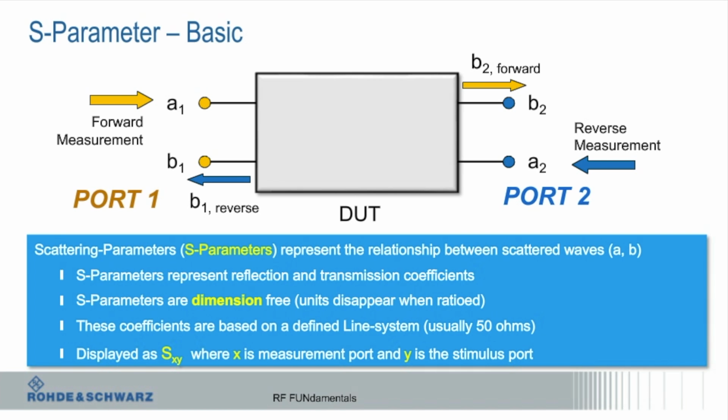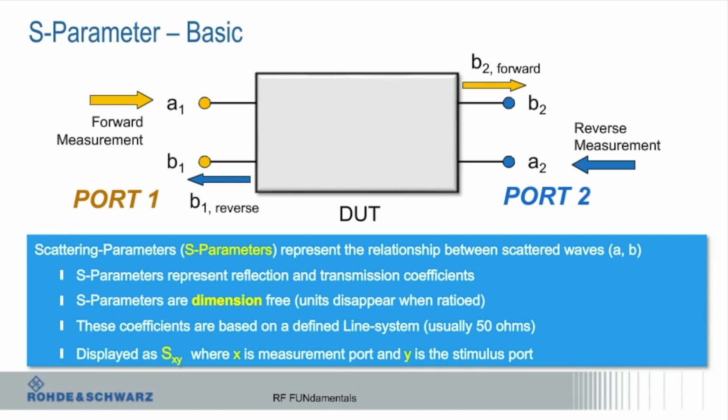If you know what a TDR is, what a TDR really simply does is generate a square wave, send it down a transmission line, and it reflects back one or multiple times. From that I measure the time delay from when I sent it to when it comes back, and I can determine there was a mismatch there, right? I can basically get that same information from a VNA.